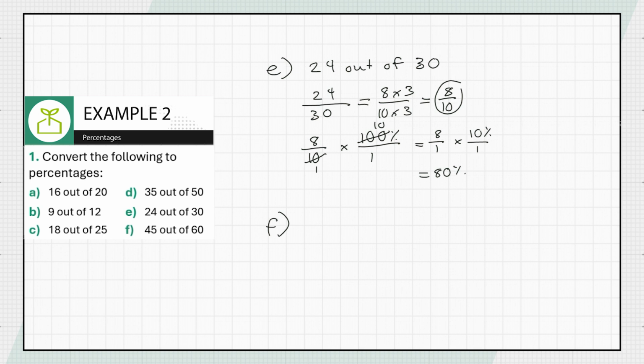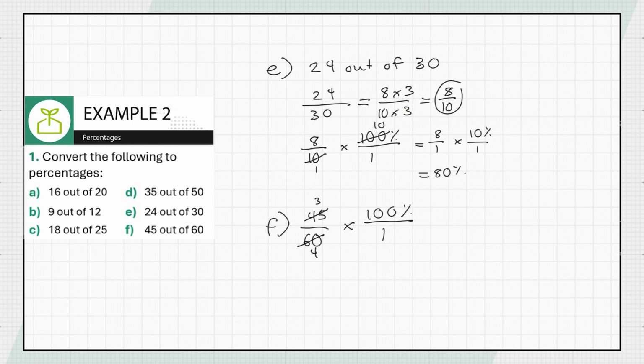If we look at F, we have 45 out of 60. And we're going to multiply this by 100% over 1. First up, let's try and find a common factor between the 45 and the 60. We both know that they're going to be divisible by 15. So if I divide the top by 15, I will get 3. If I divide the bottom by 15, I will get 4.